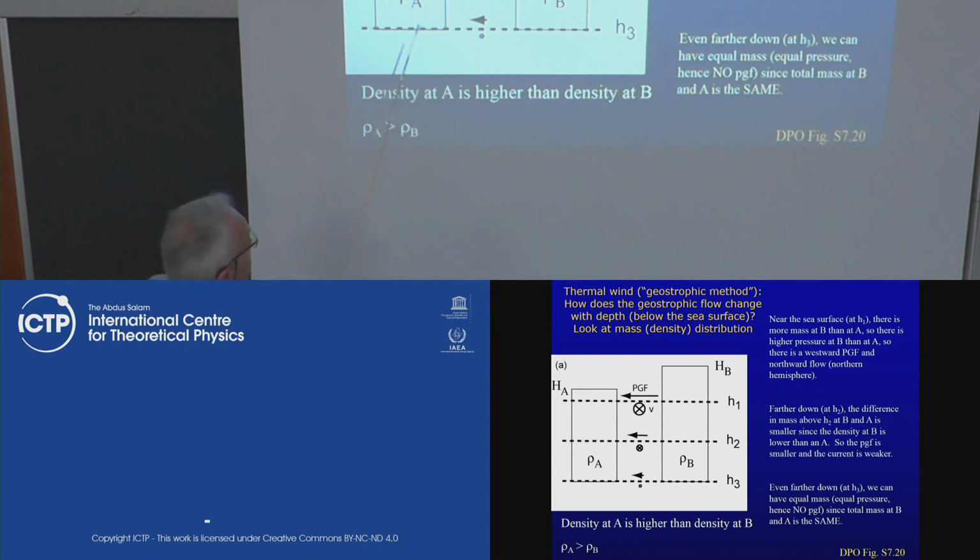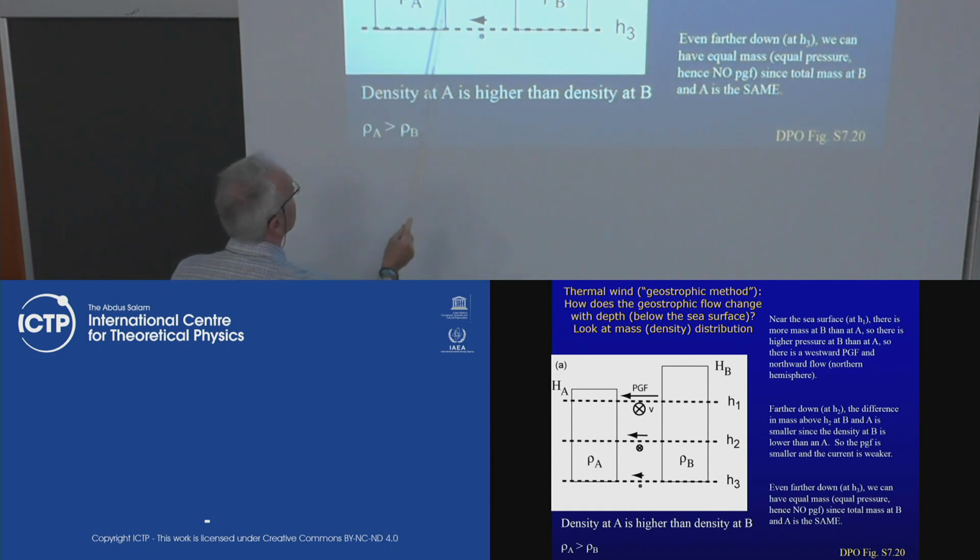And this is how you can see that if the density rho A is equal to rho B, there will be no changes of the horizontal velocity with depth, because you will always have here the differences in the water column weight.